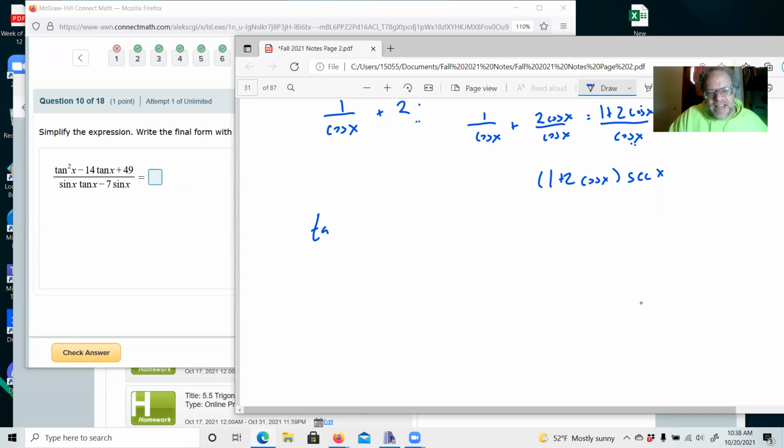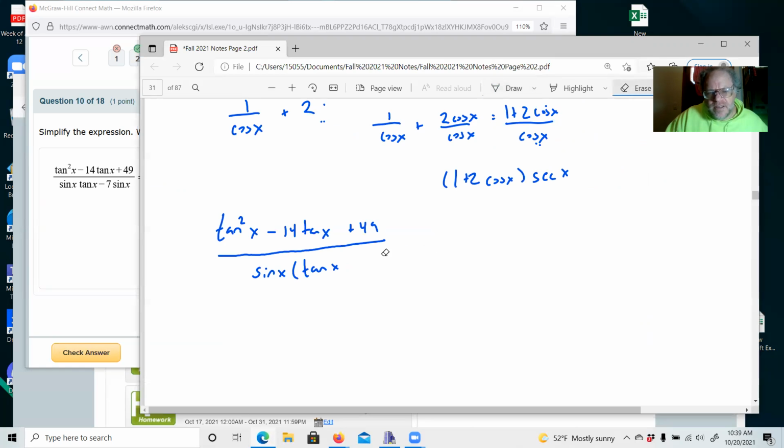So we have tangent squared x minus 14 tangent x plus 49. And this is sine x tangent x, oops, no parentheses, just tangent x. Sine x tangent x minus 7 sine x.